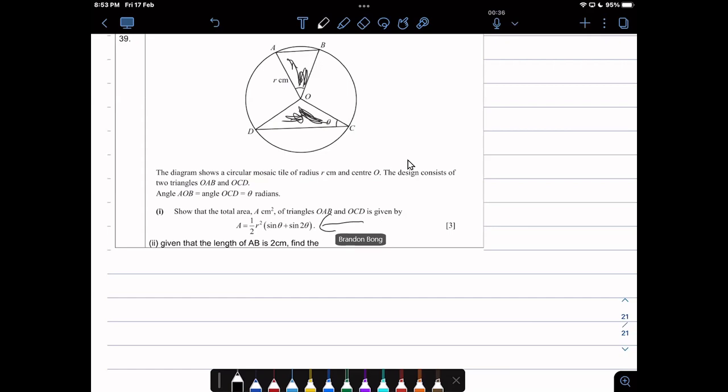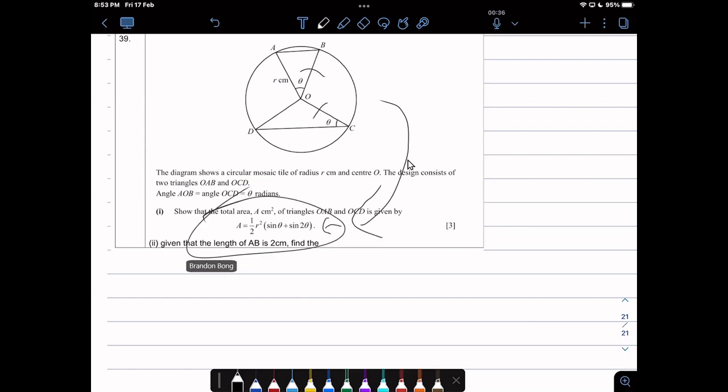Do you remember half AB sine theta? Yeah. Use half AB sine theta to find this and this, and then you put them together, and you get the area. Half AB sine theta is the area of a triangle.